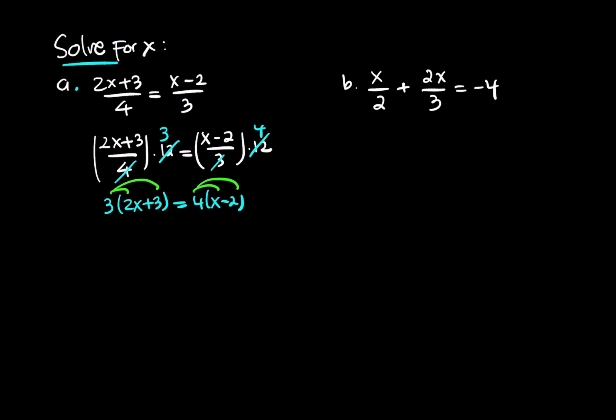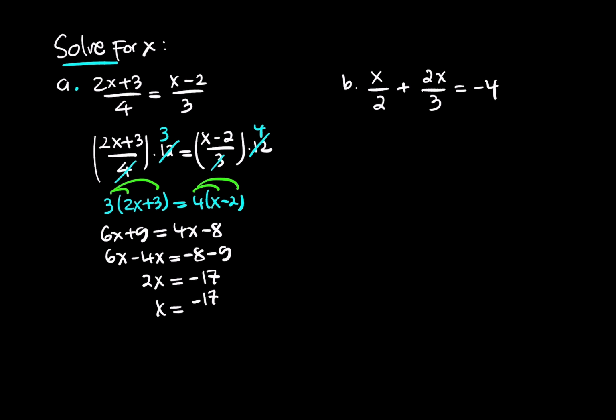Hence, that's going to be 6x + 9 = 4x - 8. So 6x - 4x = -8 - 9. This is 2x = -17. So x = -17/2, or x = -8 1/2.